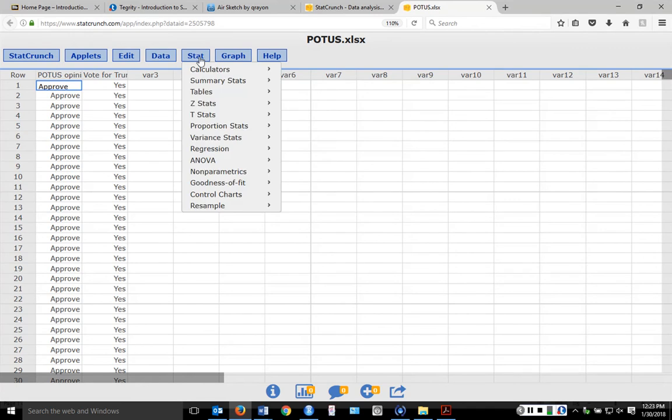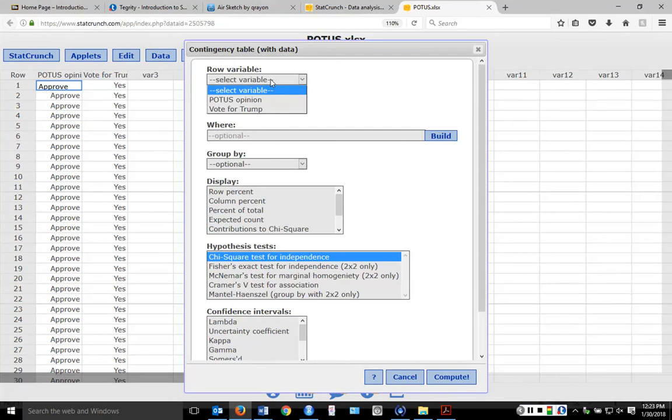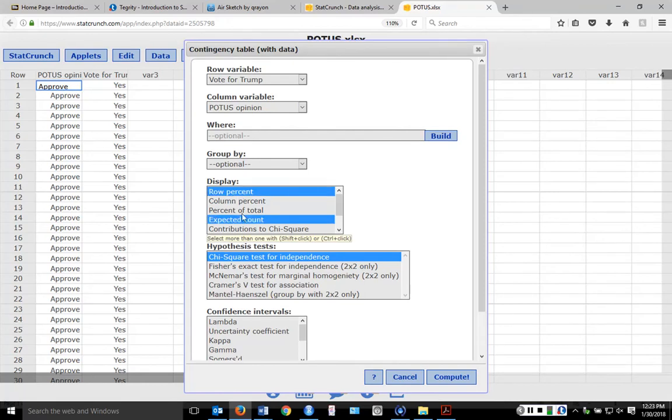I'm going to go to Stat, Tables, Contingency, With Data. My row variable is having voted for him, and my column variable was your feelings about him. So before I got the row percent and the expected count, I'm also going to add this contributions to chi-squared.